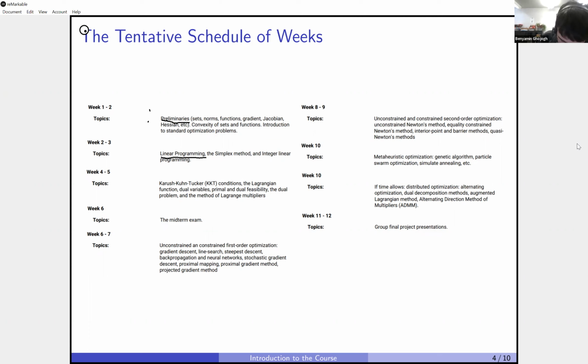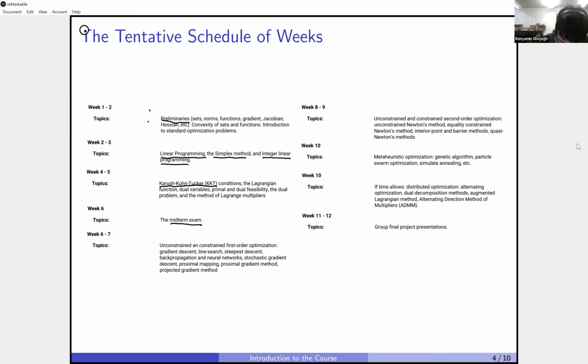So linear programming, simplex method, tableau method, integer linear programming, and then, as I said, KKT conditions. The midterm exam will be around week 6. It might be a bit week 5 or week 7. It will be around week 6.